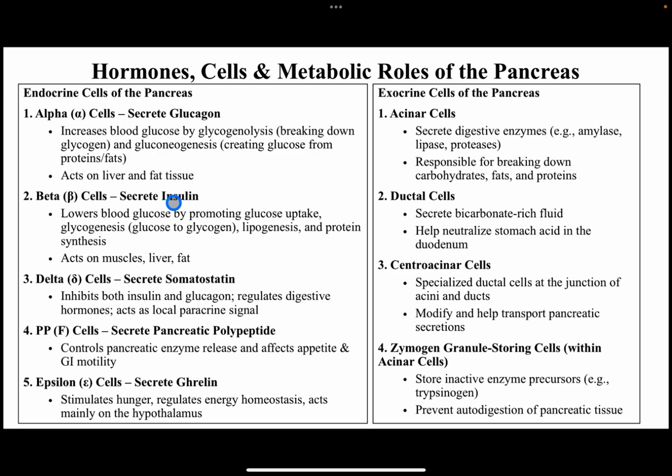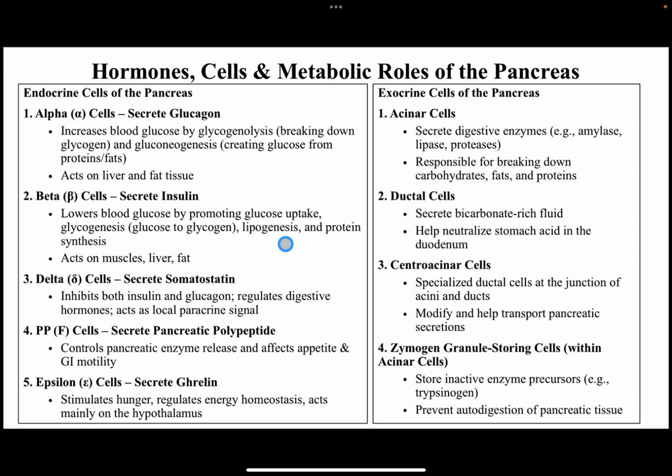They secrete insulin. Now, if alpha cells increase your blood sugar level, beta cells produce insulin. Insulin helps to lower your blood sugar level. It also uses two processes: glycogenesis and then lipogenesis.